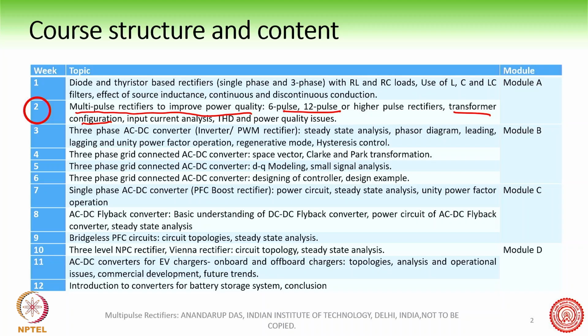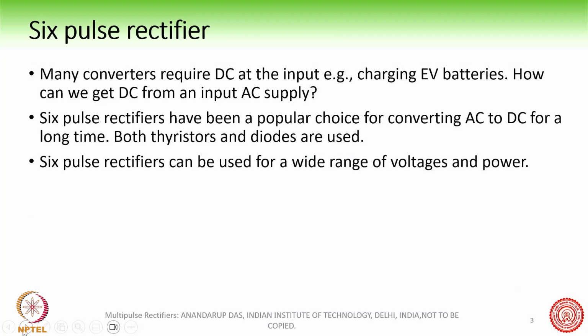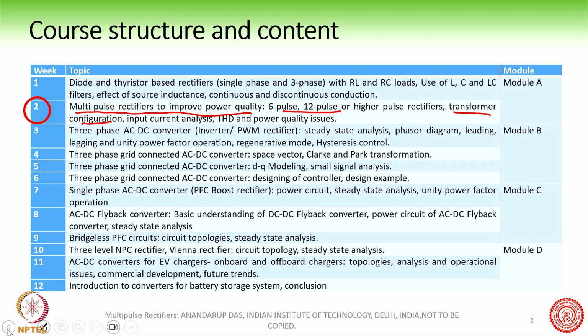The solution that we are going to talk about today is multi-pulse rectifiers. This is a cheap solution, and it usually consists of a transformer and diode rectifiers, although an active front end is possible.